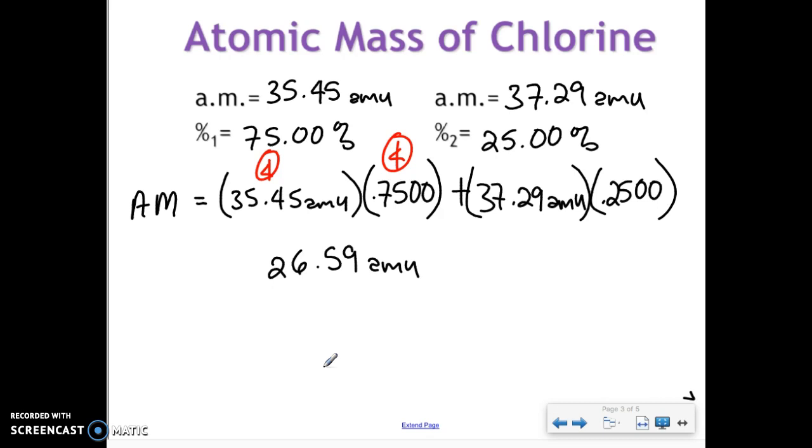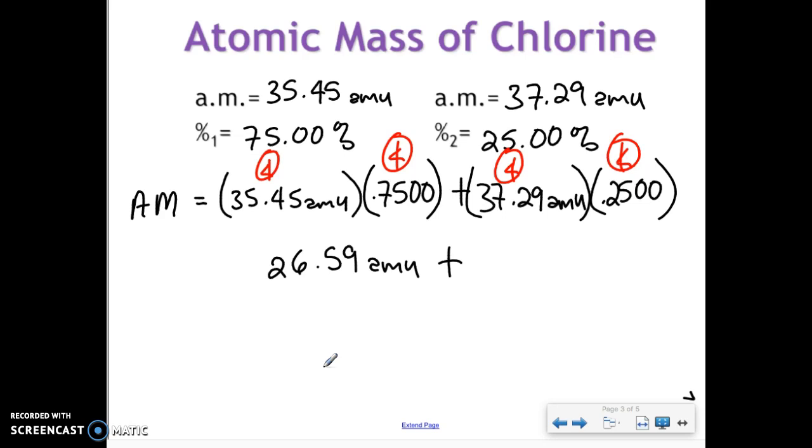Now, I'm going to add that to the second mass times its percentage in decimal form. There are 4 significant figures here, and also 4 significant figures here, so my answer needs to have 4 significant figures. So 37.29, okay, times 0.2500, and I get 9.3225.